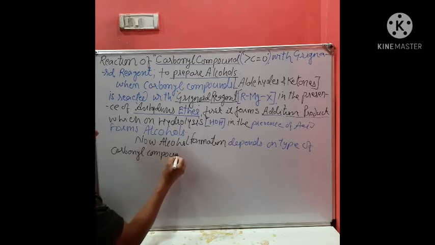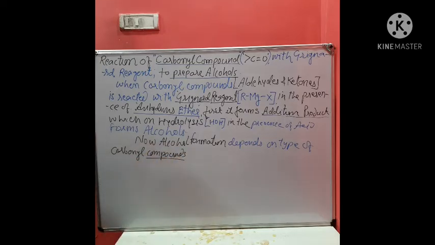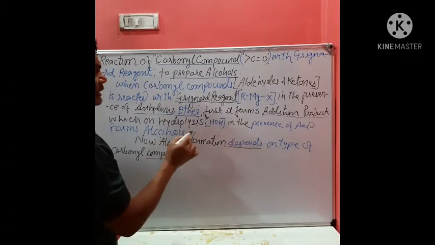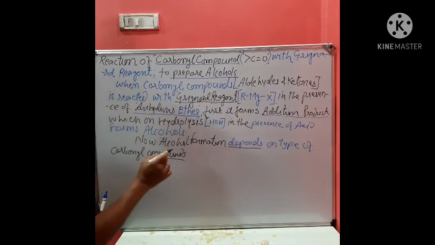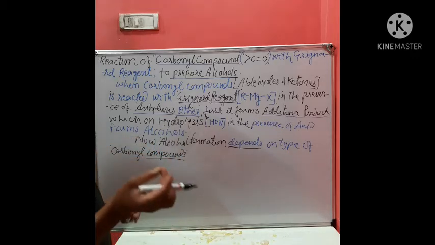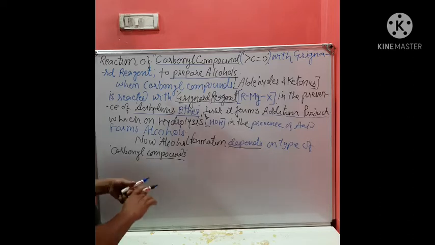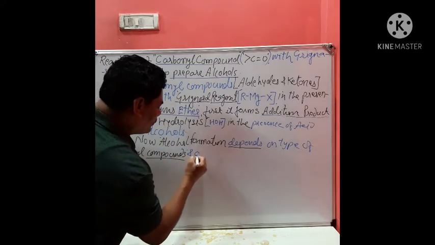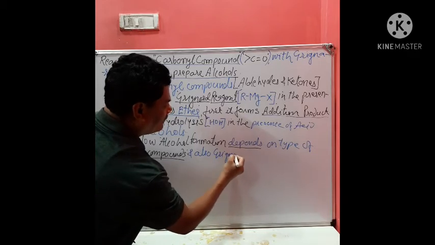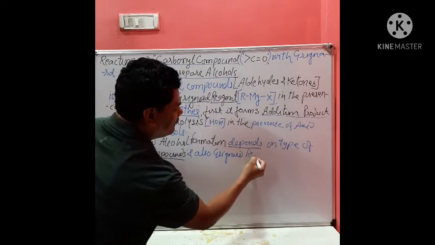That means it may be aldehyde, it may be ketone. So we are starting with which carbonyl compound? It will depend, that is the final product. Alcohol formation takes place by which carbonyl compound, that is, aldehyde or ketones are used, and also Grignard reagent.